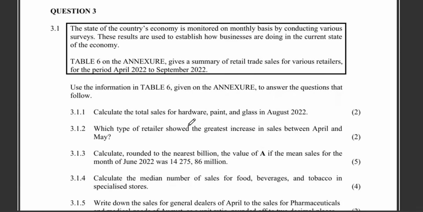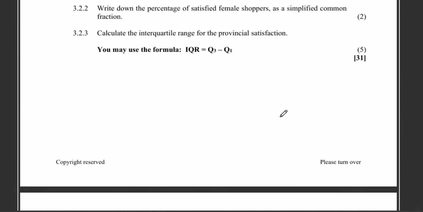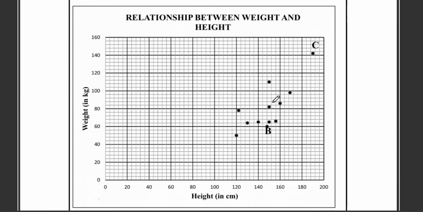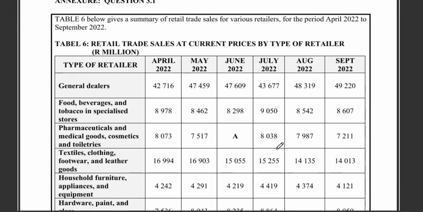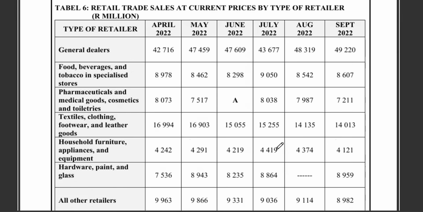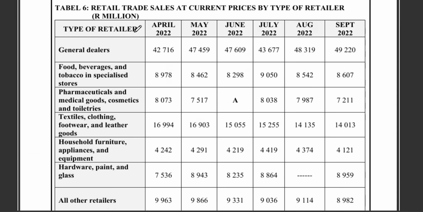Okay, let's look at question number 3. Question number 3 says, look at annexure E. This is annexure E. The retail trade sales at current prices by type of retailer, and the values are in millions.